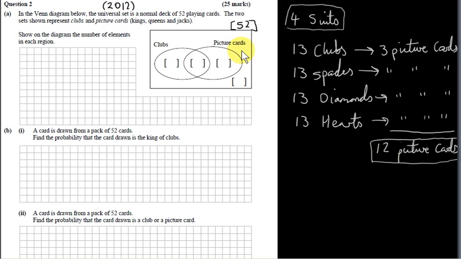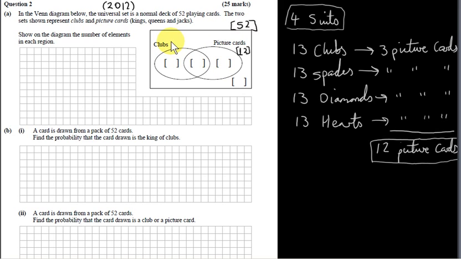We could write that out here, just this 12 in square brackets outside this Venn diagram gives us the number of elements inside this Venn diagram. Inside the Venn diagram here means the picture cards. So there are 12 elements inside this set.